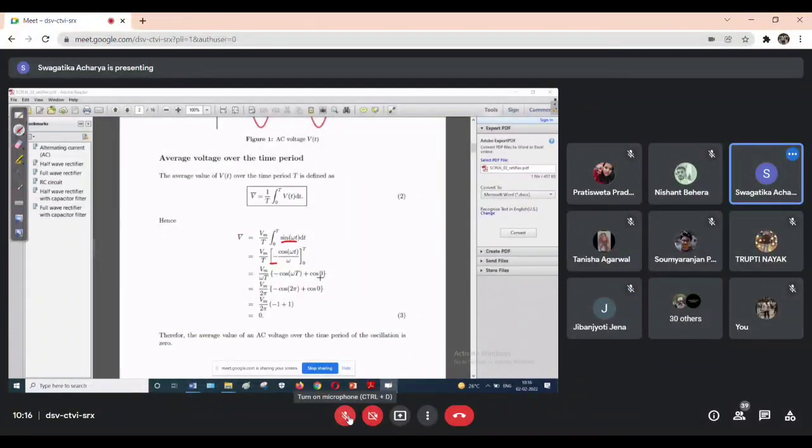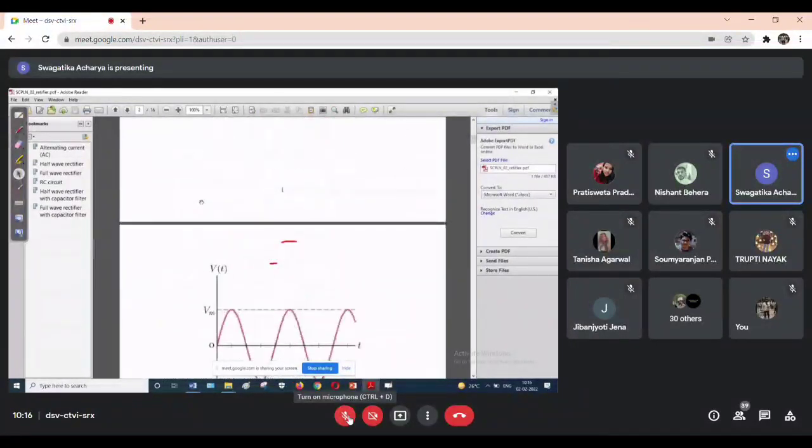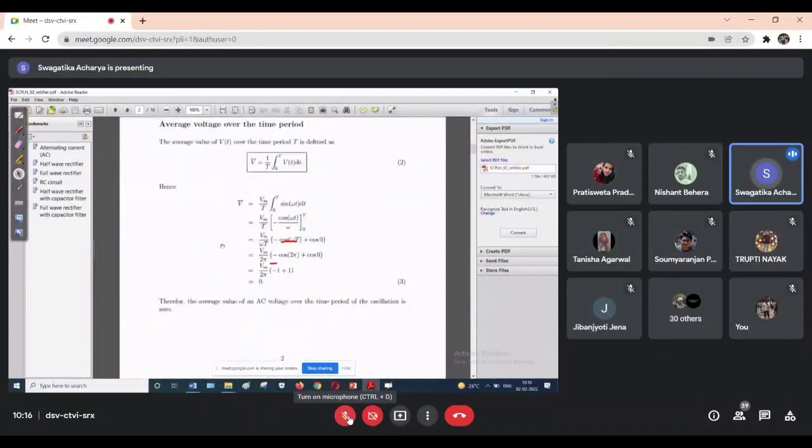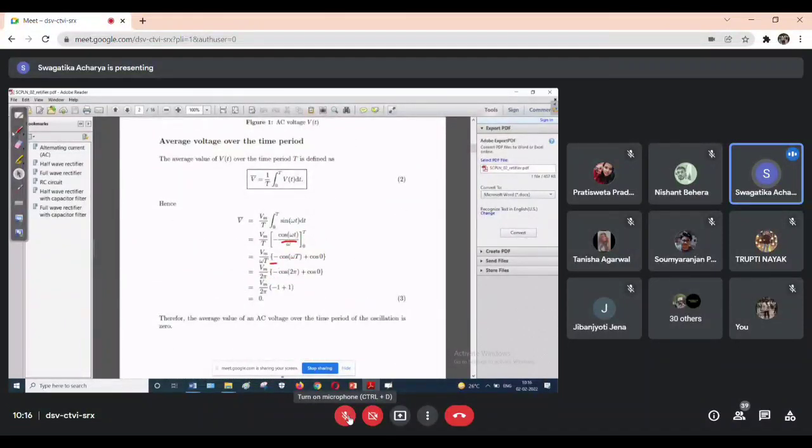Now in the place of omega, we will put 2 pi by T. Already we have discussed this same thing, 2 pi by T, right? So if you put 2 pi by T, T cancels out, remaining is 2 pi.